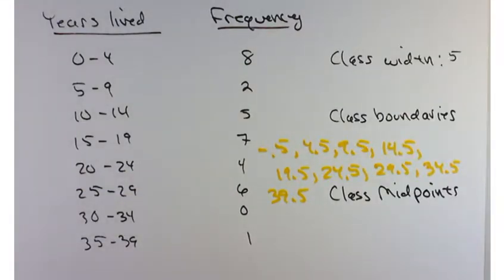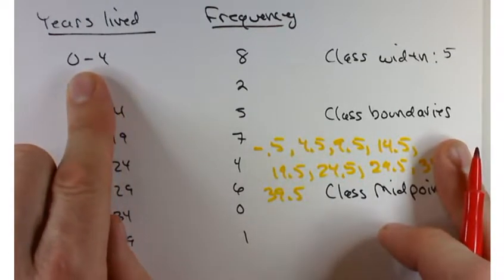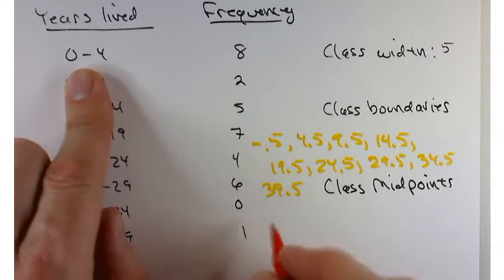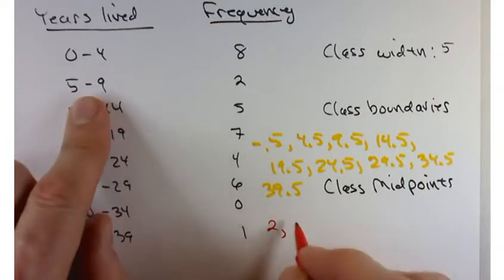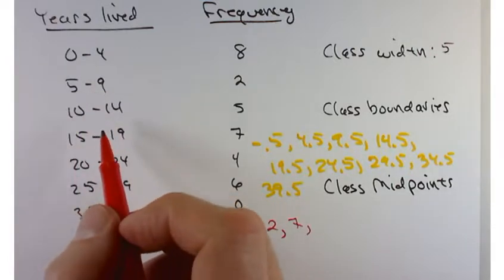Now, I hadn't discussed it yet, but I'm hoping it might be clear just based on the wording. What's the class midpoint for this first interval? 2. Yeah, 2, and then 7, etc. It's just the average of these two values.